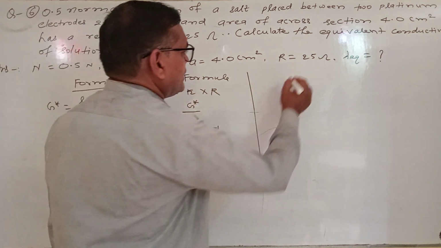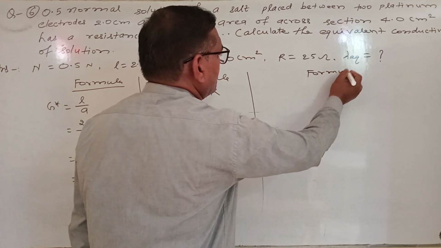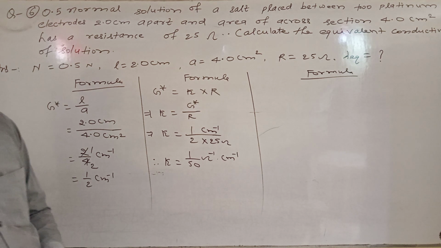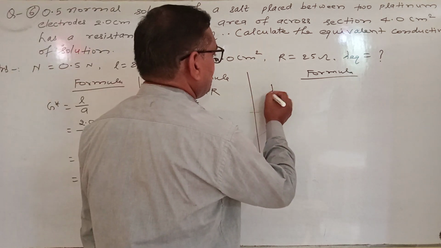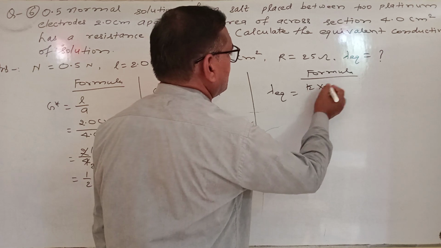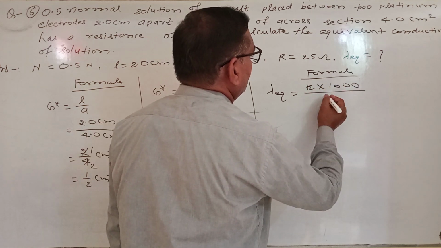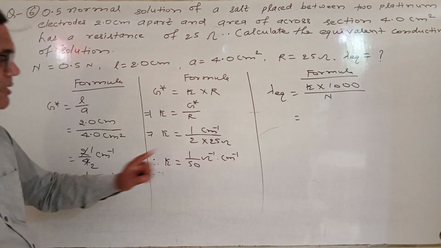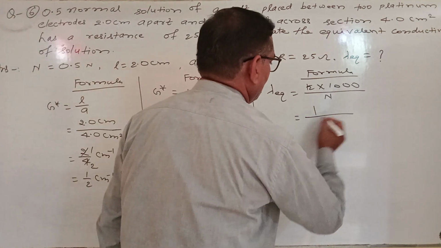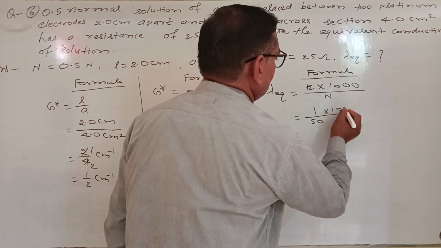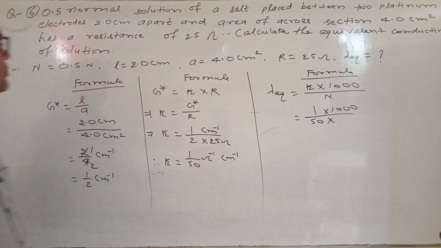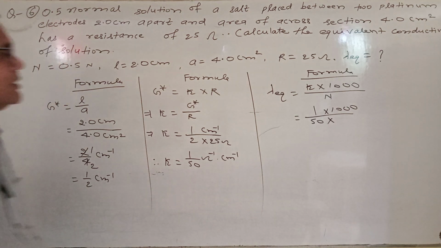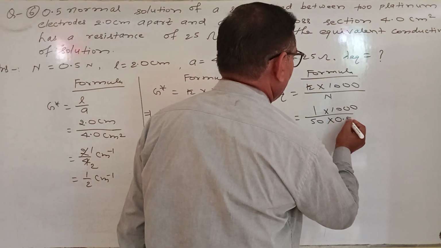Now we write next formula, which is related to equivalent conductivity. We write lambda eq is equal to kappa into 1000 upon N. The value of kappa is equal to 1/50. Therefore, we write 1/50 into 1000. The value of capital N, that is normality, is 0.5 N. Here we write 0.5.